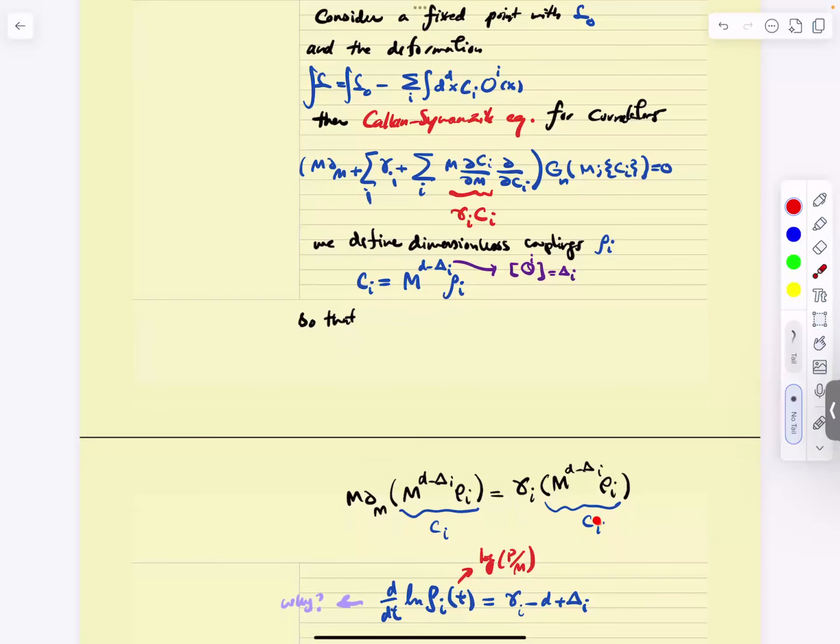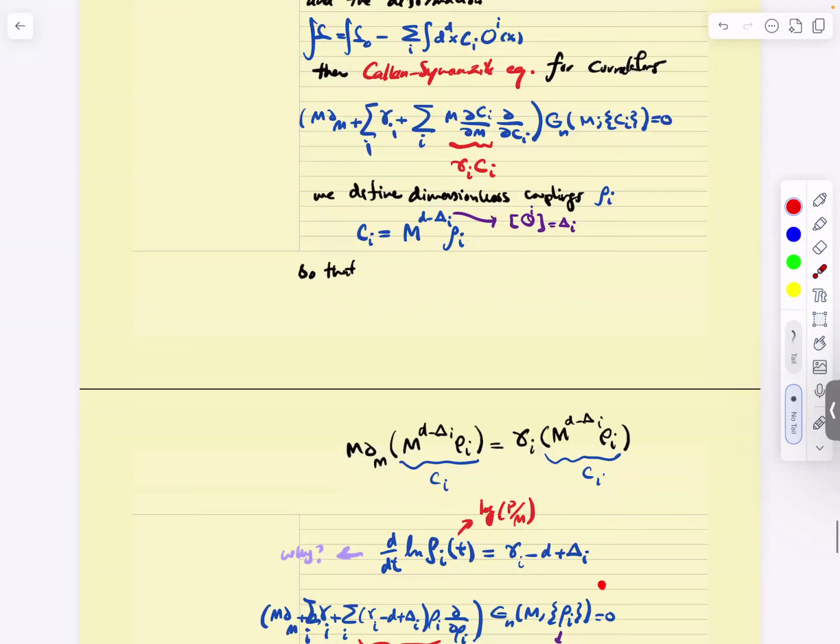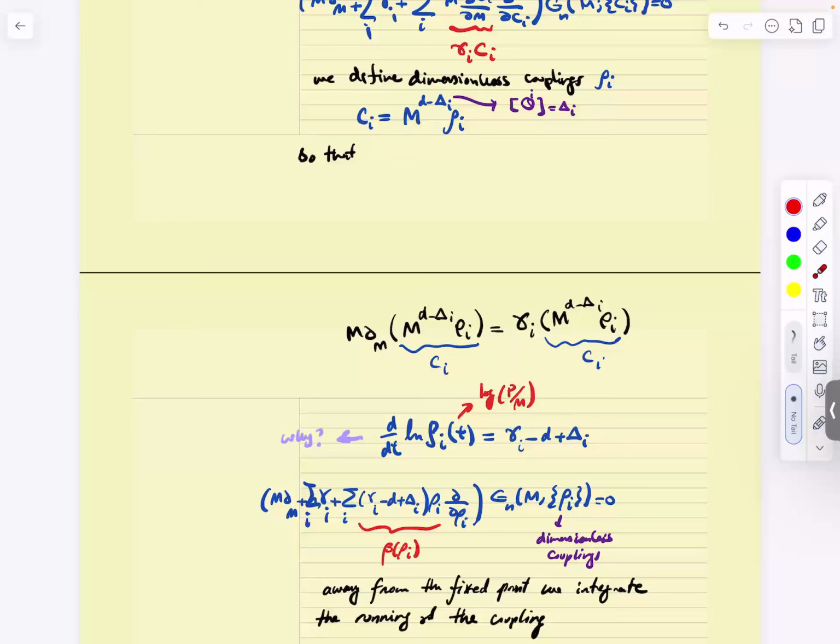This has to be gamma_i C_i, right? Because I'm calling this gamma_i C_i. That's what we call the gammas for an arbitrary composite operator. So once you massage this, you could write it this way as a function of rho_i, d/dt of ln rho_i of t is gamma_i minus t plus delta_i. Just like there's one line of algebra from this to this.